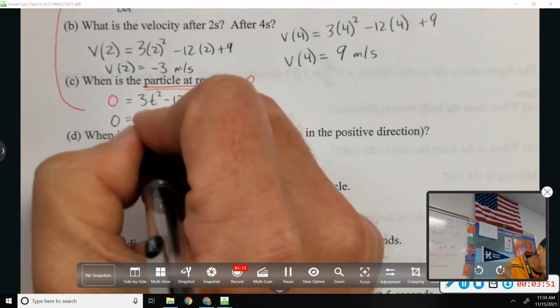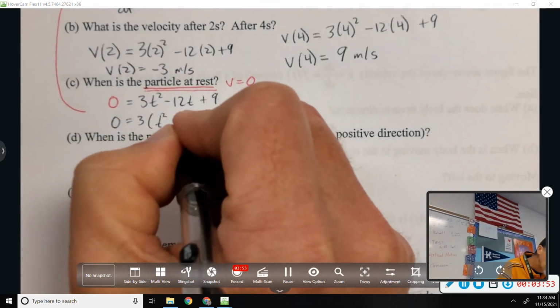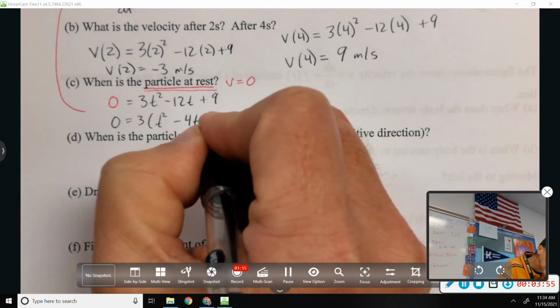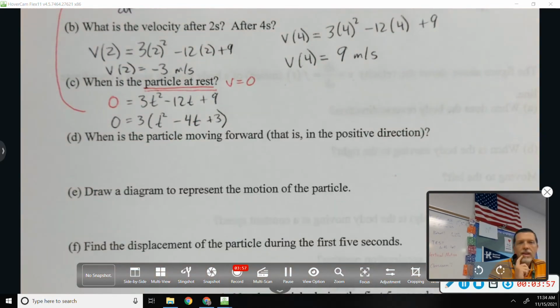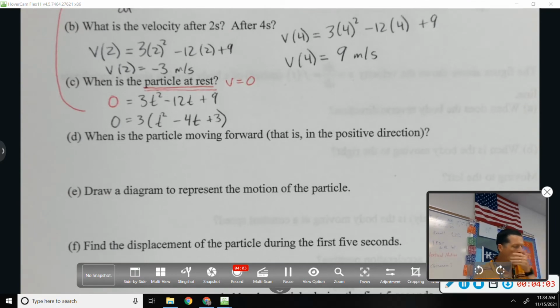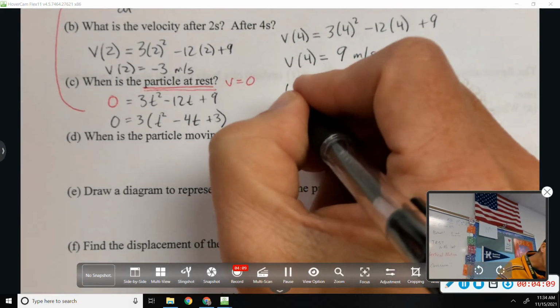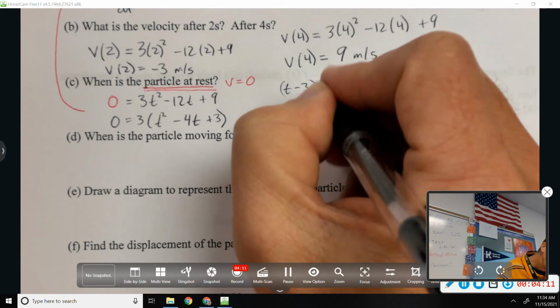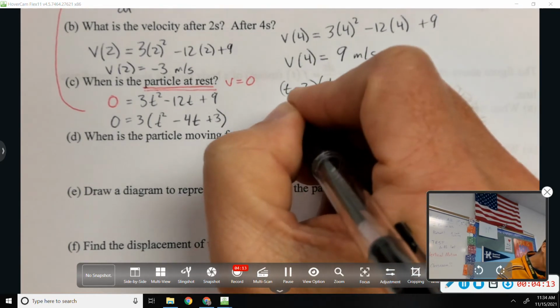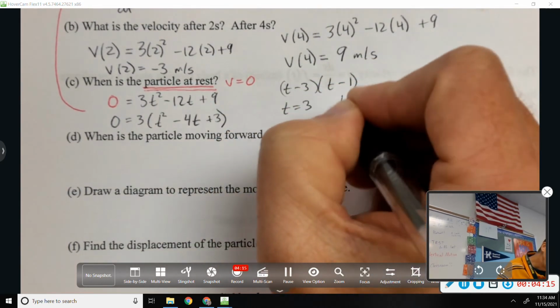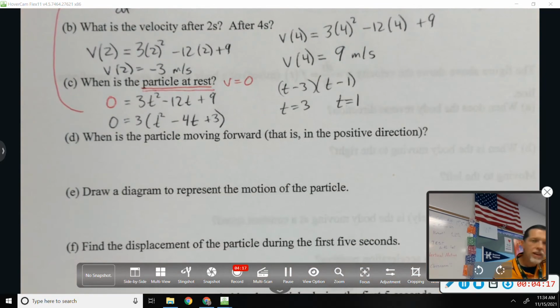I guess I don't know that it factors yet. Let's take out a 3, make life a little easier. If it doesn't factor, we'd have to use the quadratic formula. But it does, so that's good news. Negative 1 times negative 3. So t equals 3 and t equals 1.